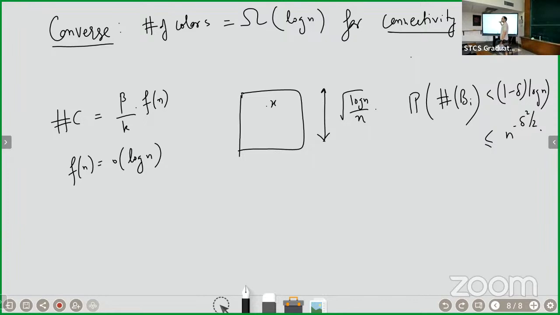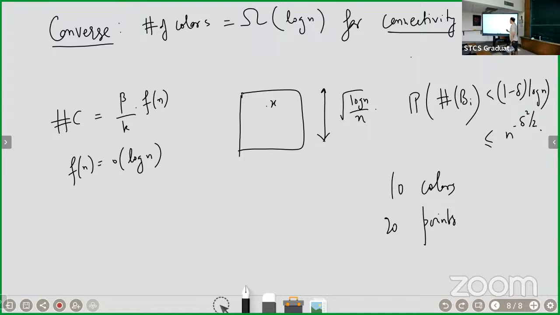How many other points use the same color as this? And find the worst x. Say 10 colors and 20 points. Find the worst possible point, which has the largest number of other points using its color. What is that number at least?